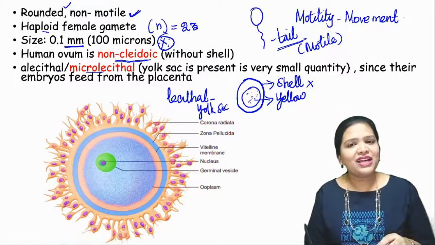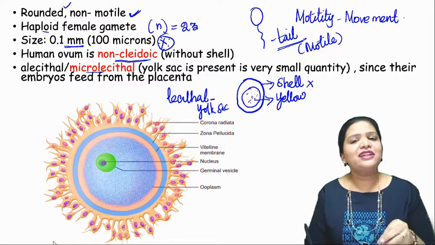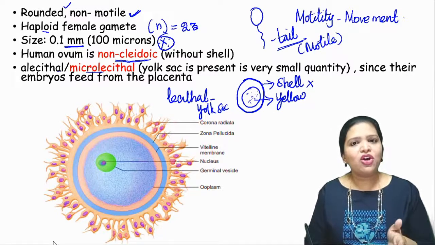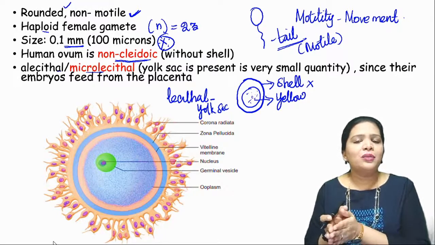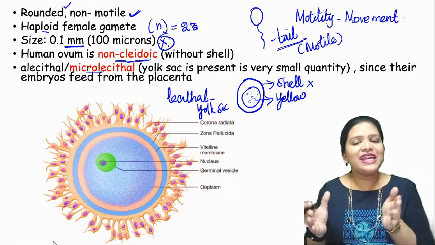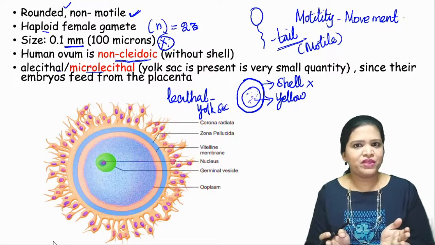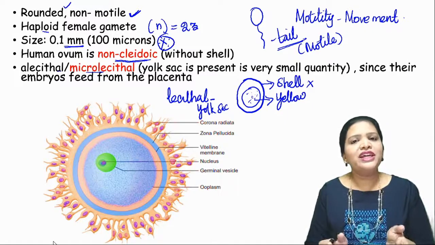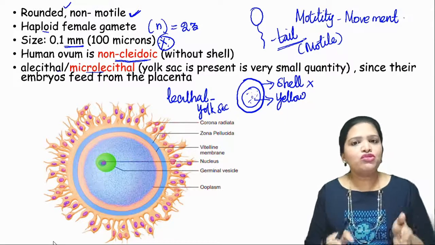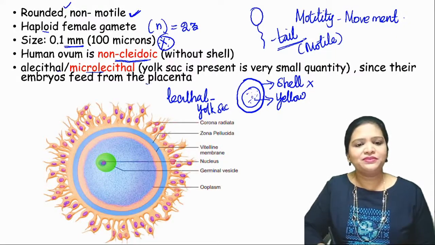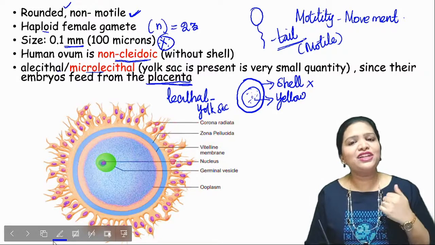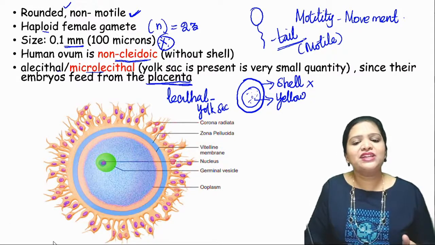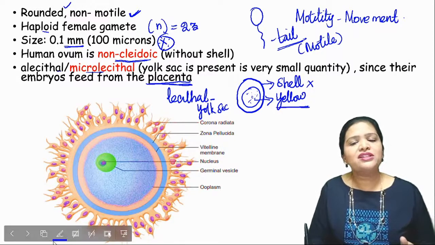Whereas in a human egg cell, there is no such environment, because this egg gets fertilized, the zygote multiplies, and the embryo grows inside the uterus, inside the womb. Here the nutrition is provided from the mother through the placenta, right? So the embryo gets the nutrition from the mother directly through the placenta. Hence, there is no need for the yolk sac.